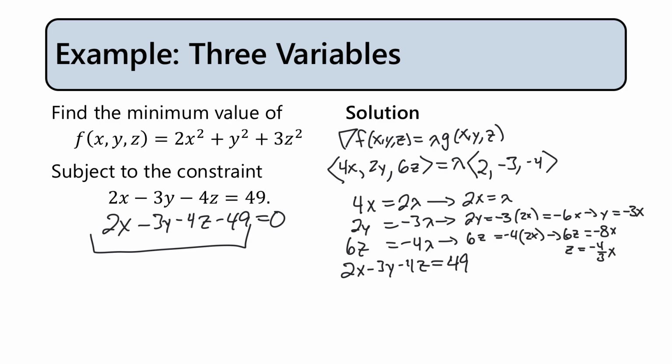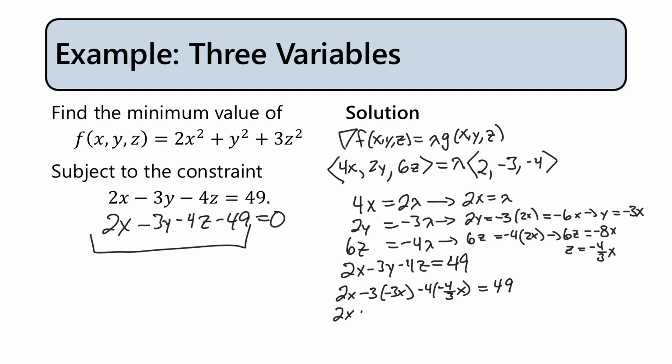So that should allow us the substitution of 2x minus 3 times negative 3x minus 4 times negative 4/3 x equals 49.